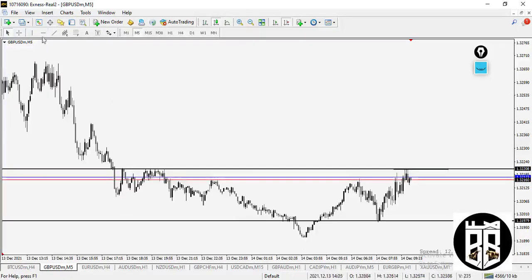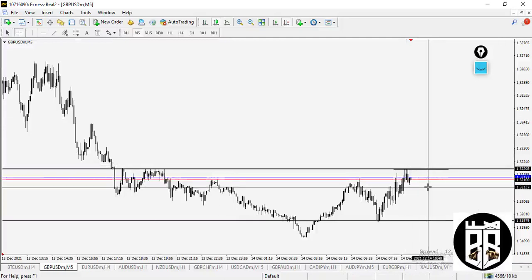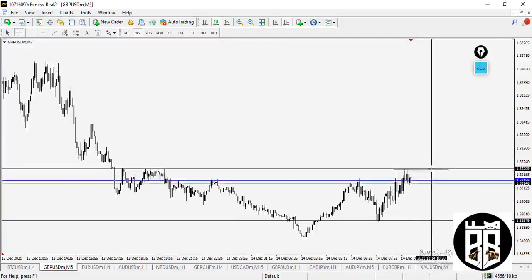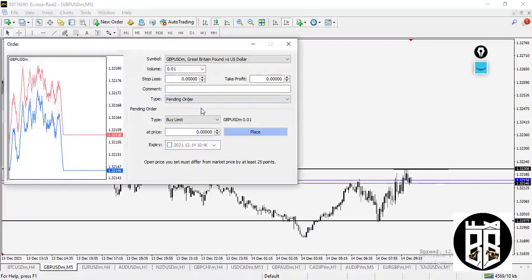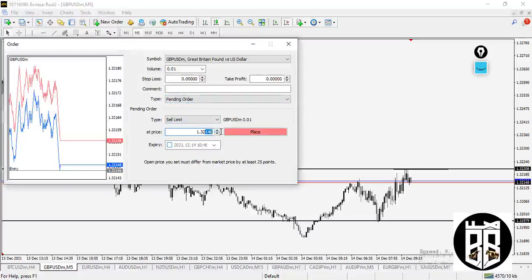So if I want to put my entry exactly at resistance, it will be 3220. Let's go for a pending order, sell limit at the price of 3220.